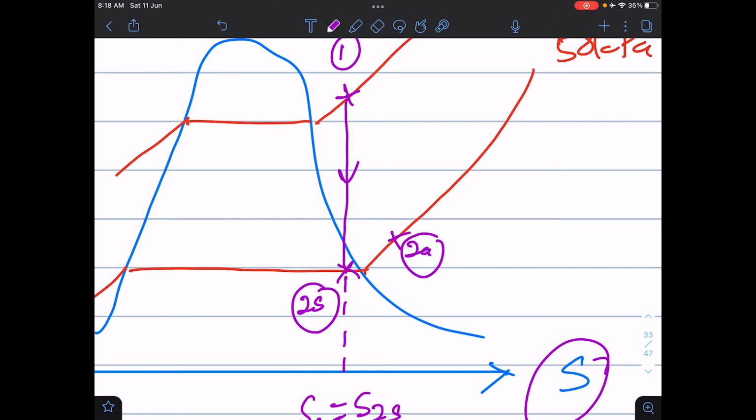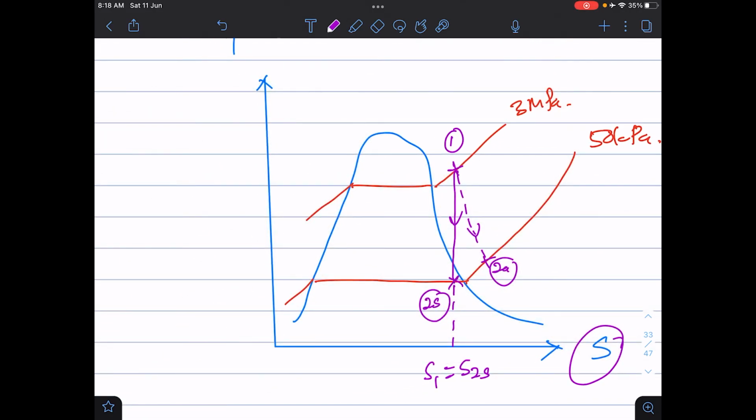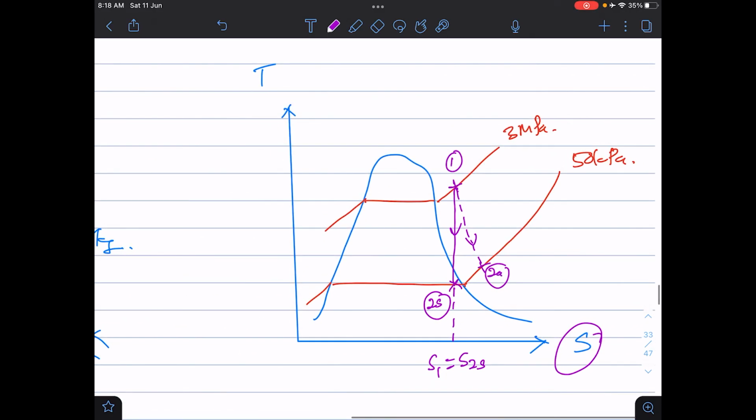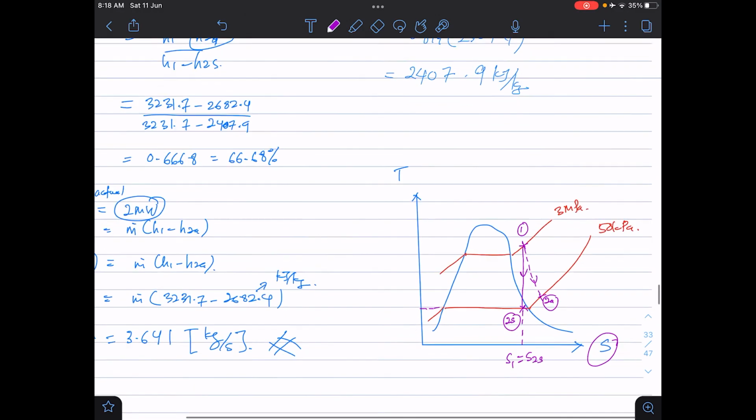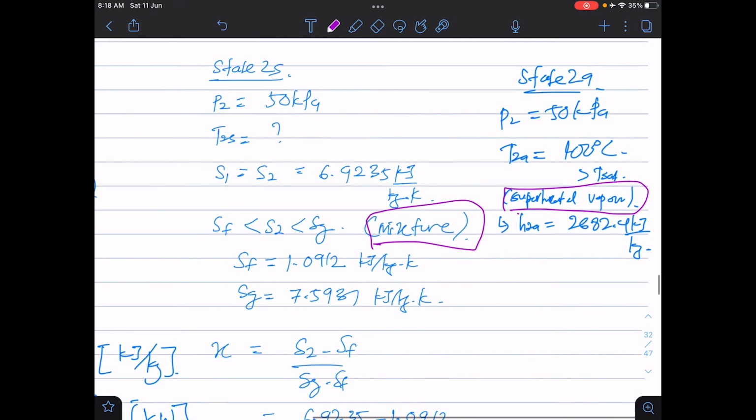Okay, this one is state 2A. So how does it move from 1 to 2A? It goes using the dashed line here. So that's why on your y-axis you will find that the temperature of state 2s is lower than 2a.